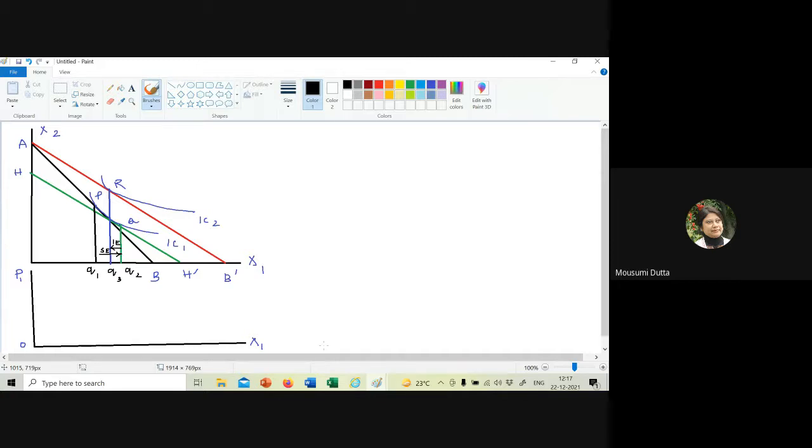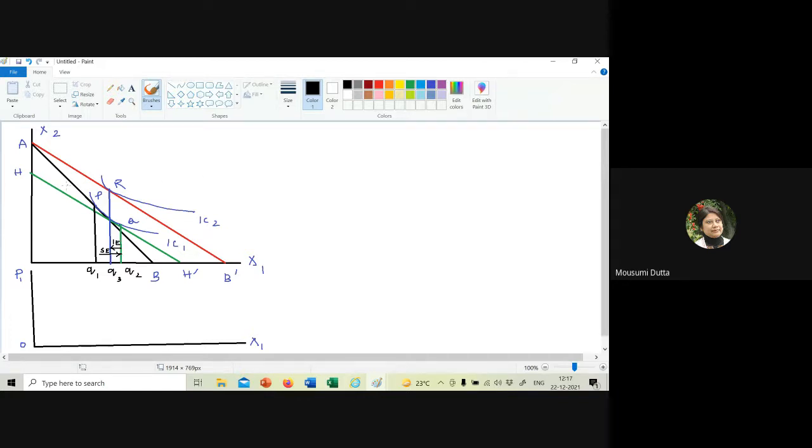The income effect is less strong than the substitution effect. So this is Q1, this is Q2 and this is Q3. Q3 is in between Q1 and Q2.